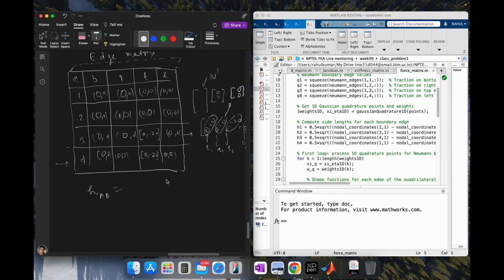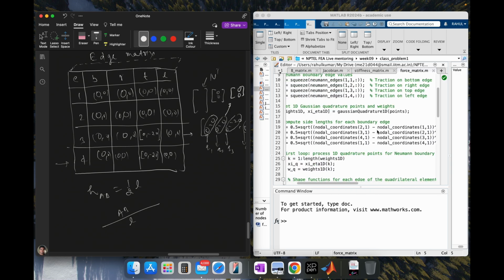AB is nothing but the length of AB times 1 by 2, suppose the length of AB is L, then it will be L by 2. So there are 4 edges, then it will be multiplied by 0.5, and this is nothing but the edge length.